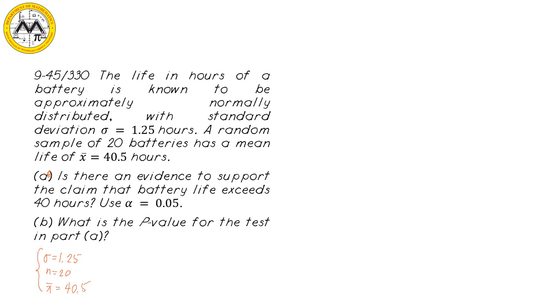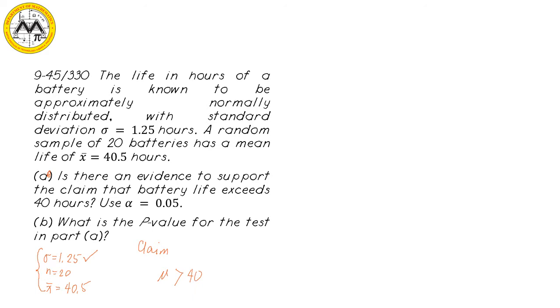This is given in the problem, so the variance is known. The question: is there evidence to support the claim that the battery life exceeds 40? The average life is 40, so we want to check the claim that it is greater than 40, exceeding 40.